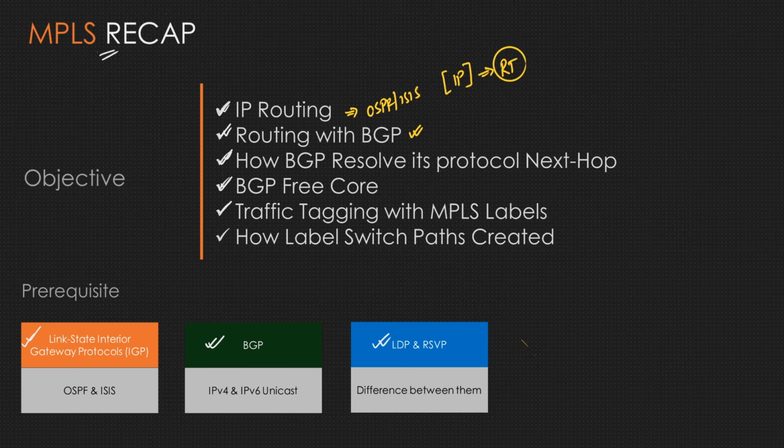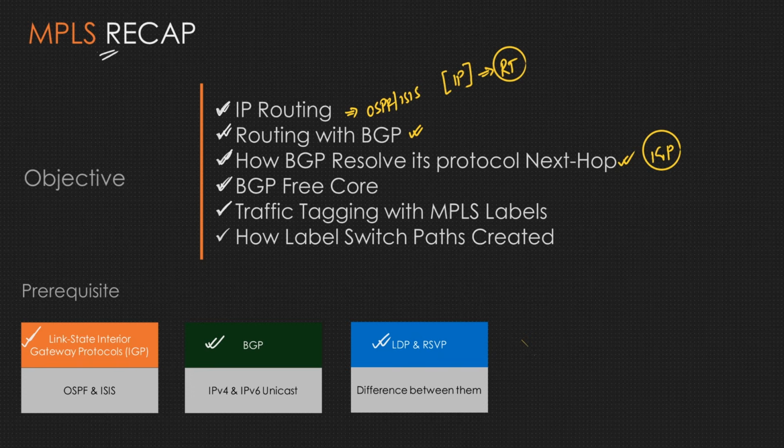We can create end-to-end IBGP sessions, whereas for OSPF and ISIS we need adjacent, neighboring devices to create adjacencies. The BGP next hop will be resolved: if it is IP routing only, it will be resolved by the IGP; if it is MPLS based, it will be resolved using a label given by LDP, RSVP, or segment routing.